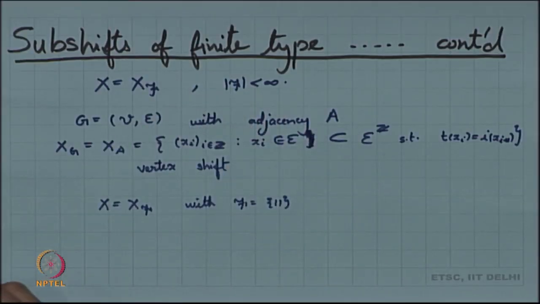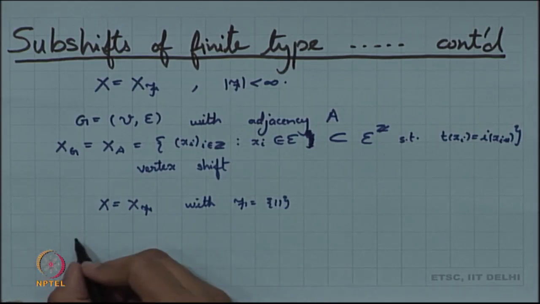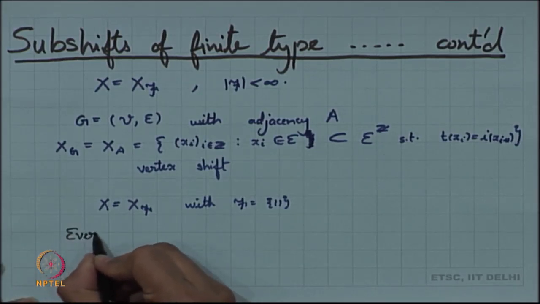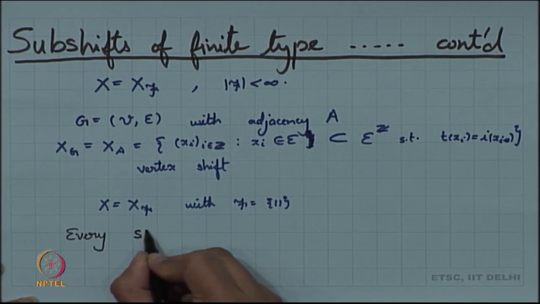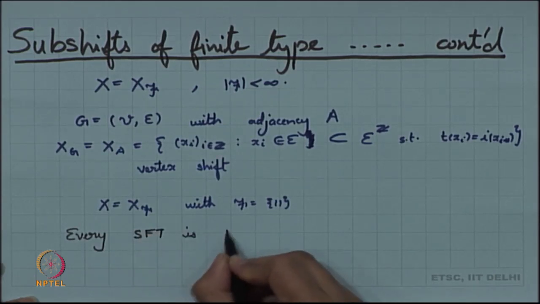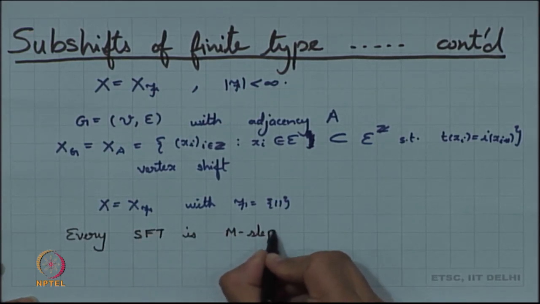So, all we can say here, again recalling, is that every subshift of finite type is an m-step subshift of finite type.